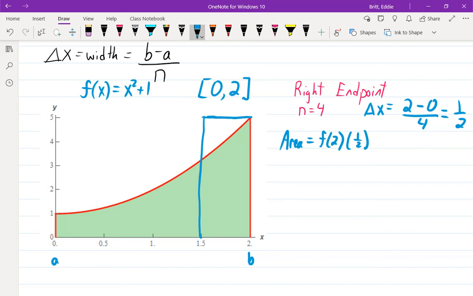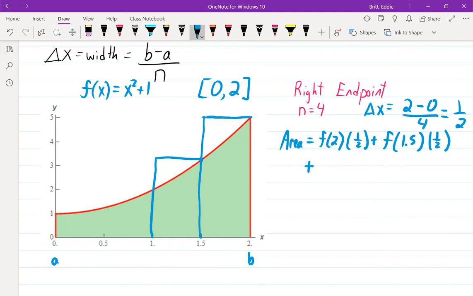Plus, now I'm going to use the next x value. So that'll be f of 1.5, and then times 1/2. If I'm at f of 1.5, that's right here. That's the y value right there, whatever y value that is. That's going to be that rectangle.